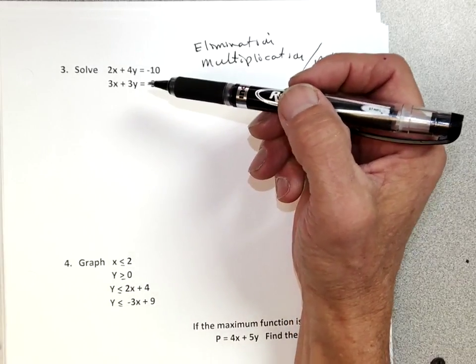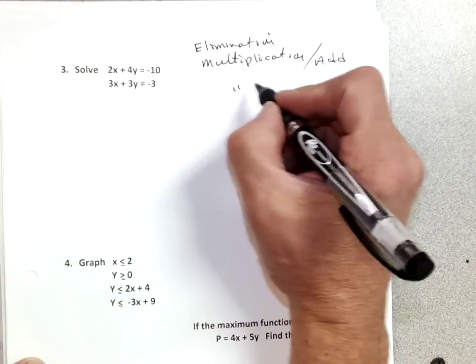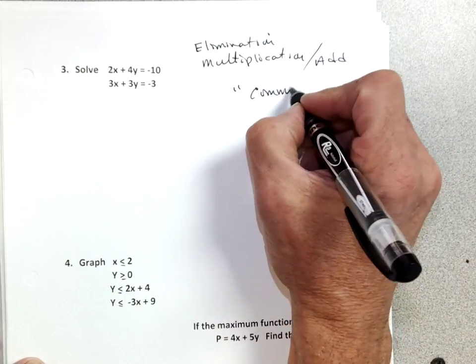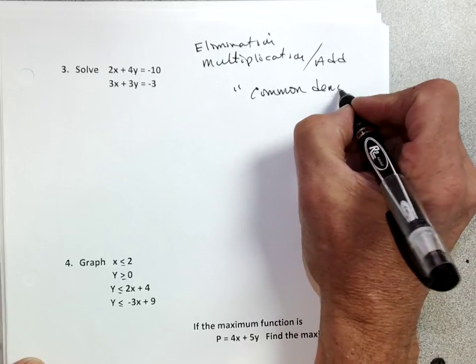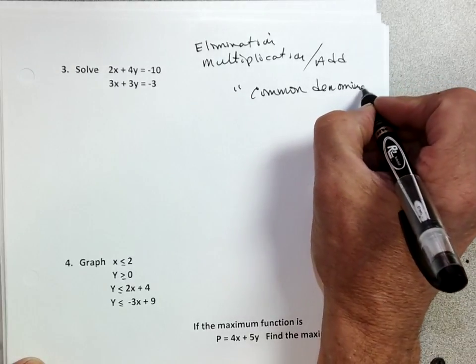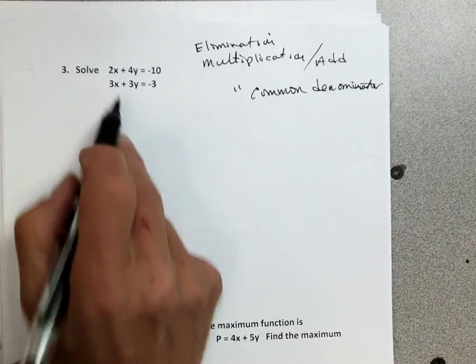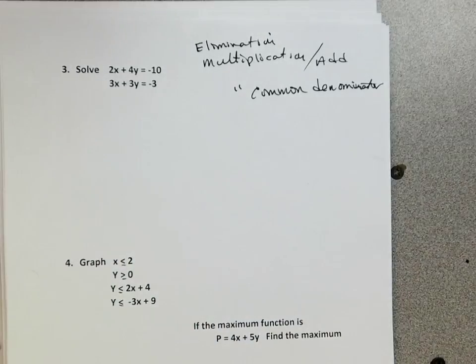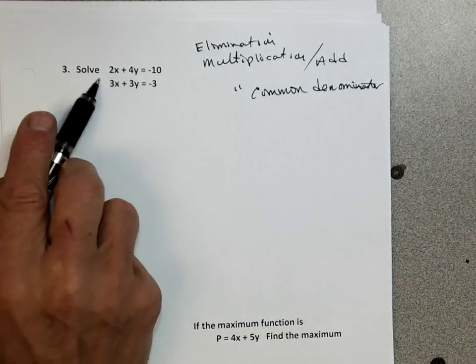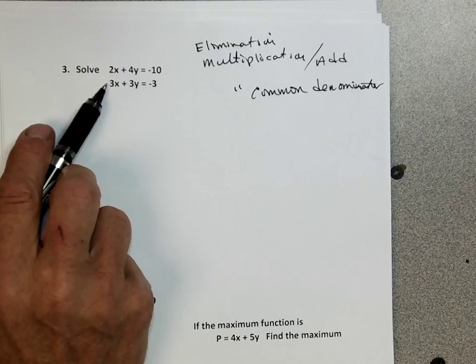When I do this, sometimes I'm thinking like a common denominator. Meaning, if I've got a 2 and a 3, I can make them both 6's. Does that make sense? I can make that a 6x, and maybe that a negative 6x.